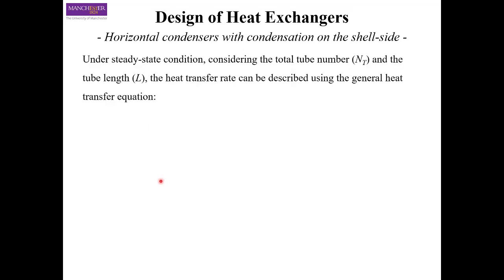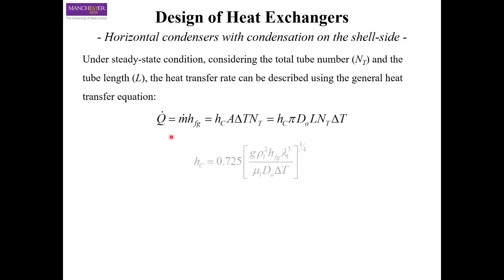So here, if we assume a steady state system and we look at the latent heat released by condensation to a bundle of tubes, with NT tubes, and each of these tubes has length L. If you write the equation of heat of condensation released to this bundle through the condensate film, we can write it as this.